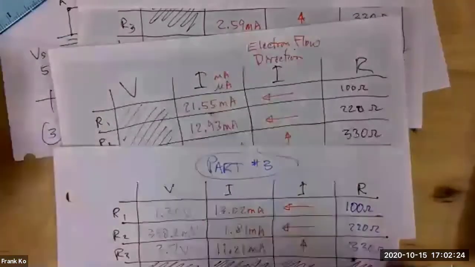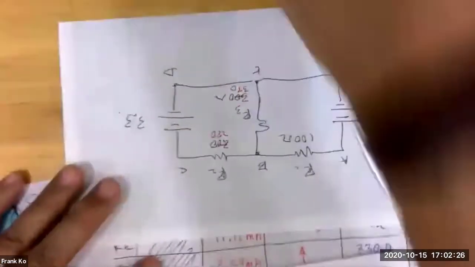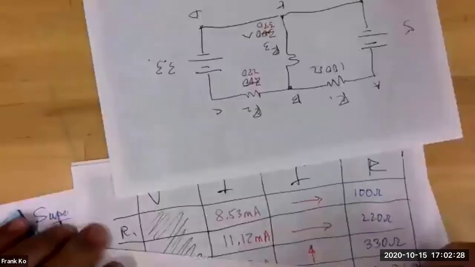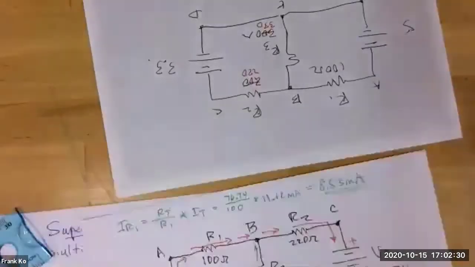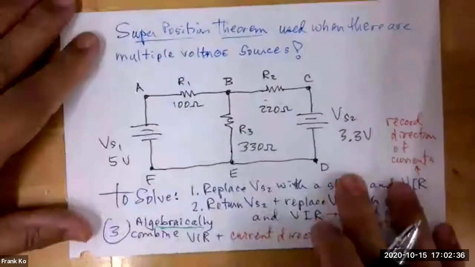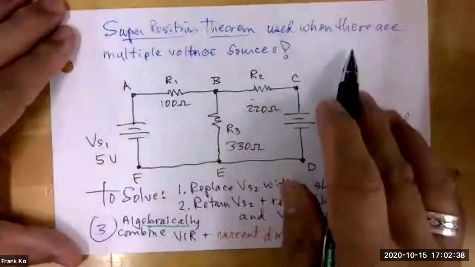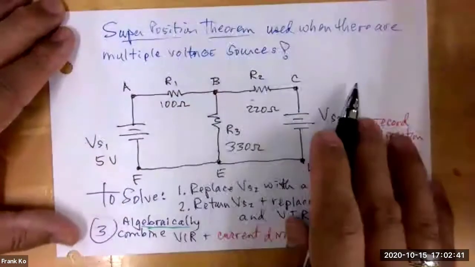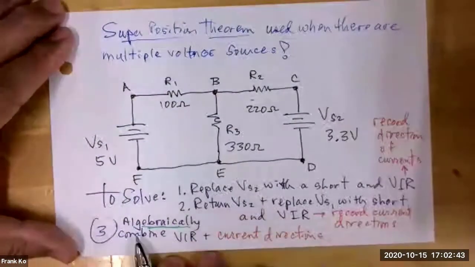So let's review what we have gotten so far. From the original circuit that we started off with way back here, we were instructed to use something called the superposition theorem. When we have multiple voltage sources, we had 3 basic steps.